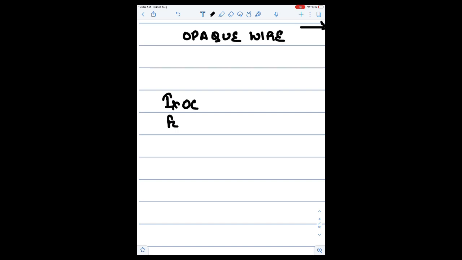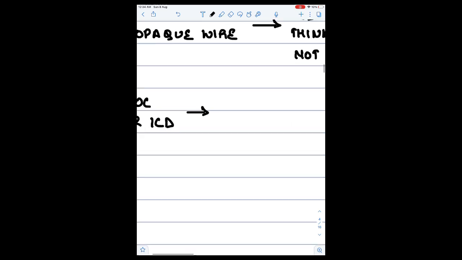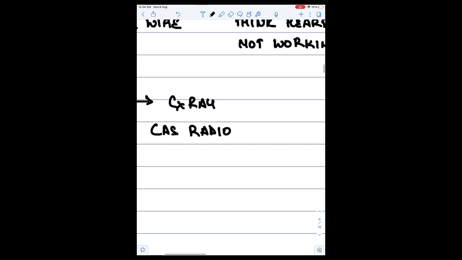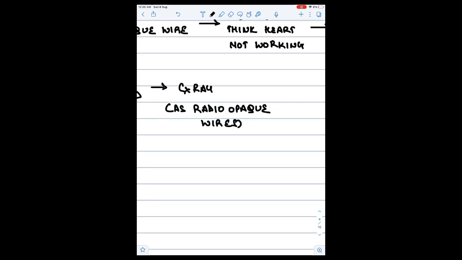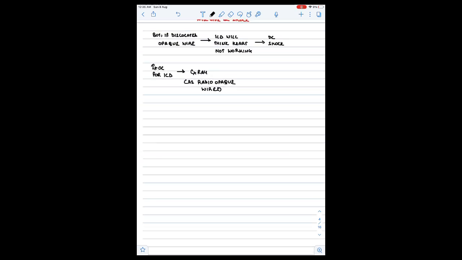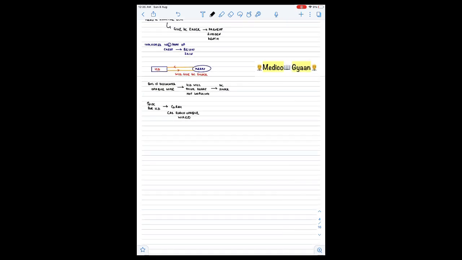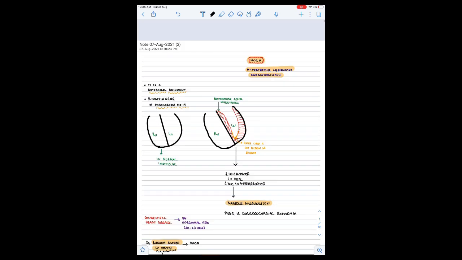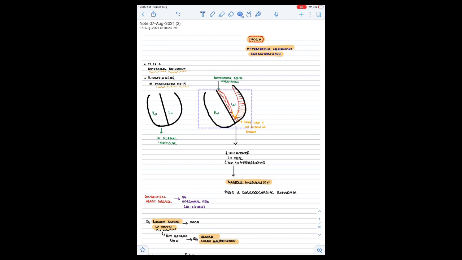So the patient will complain of receiving continuous electric shock. So I should be doing a chest X-ray to see whether the radiopaque wires are in continuity or not. The chest X-ray should be done to see whether the ICD is working properly or not, because if it is not, there is an increased risk of electric shock to the patient.